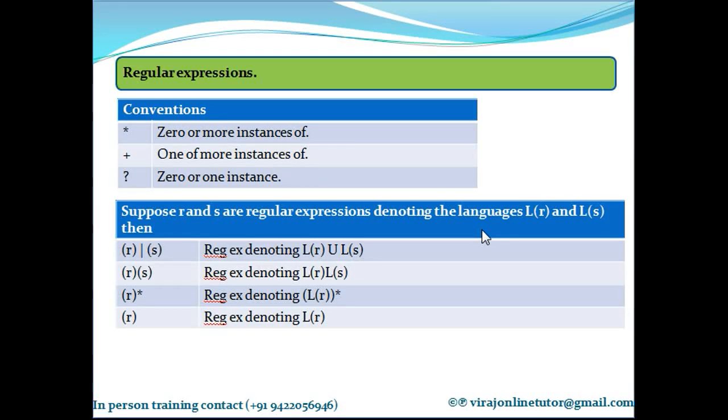And what is a language? It's a set of strings. So I'm going superset-wise. An alphabet is a finite set of symbols, a string is a finite sequence of symbols, and a language is a set of strings. Those are the important terminologies that you need to know in this subject.